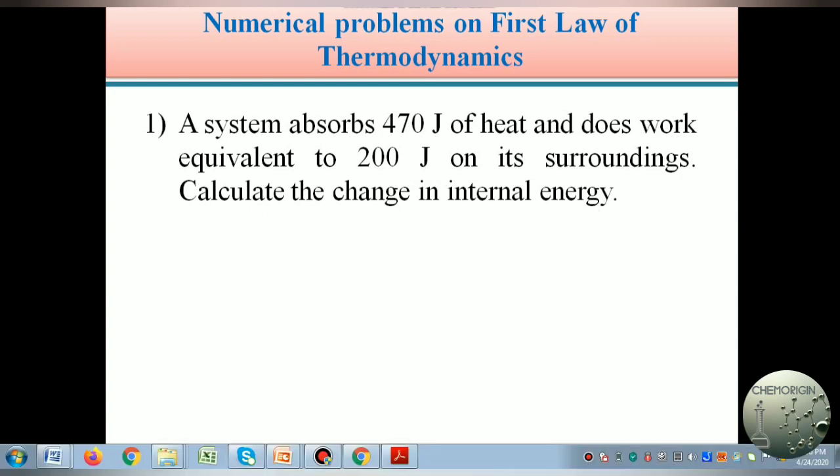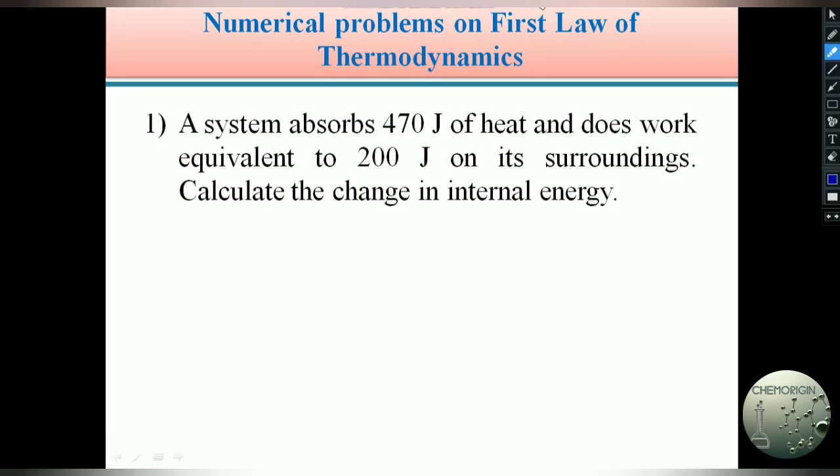Okay students, we can solve this problem. First, the solution for the given problem. The system absorbs 470 joules of heat, so given Q equals 470 joules.